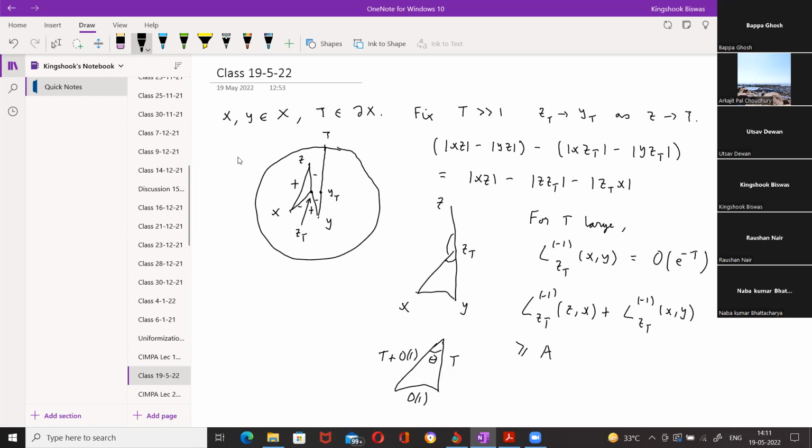So the angle at z_t between z x plus the Alexandrov angle at z_t between x y, and this Alexandrov angle is equal to pi, right? So that implies that the comparison angle at z_t between z x is greater than or equal to pi minus big O of e to the minus t, right?